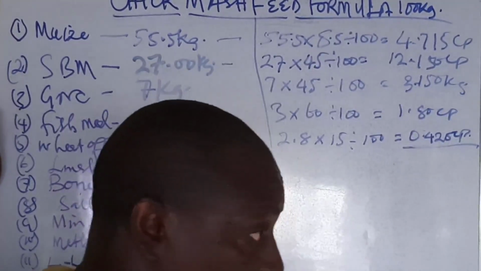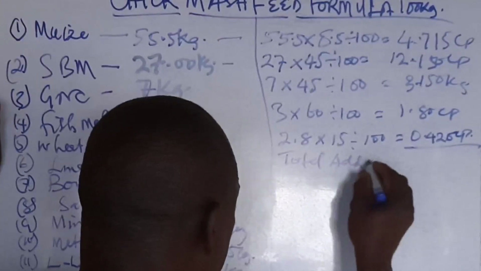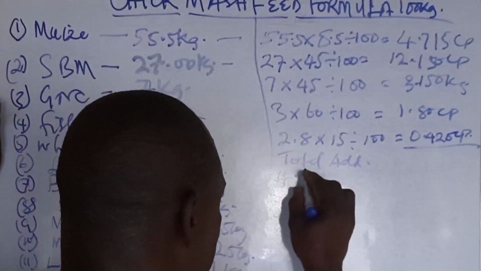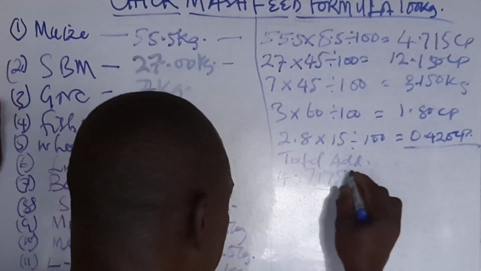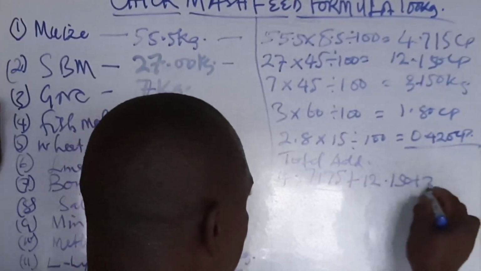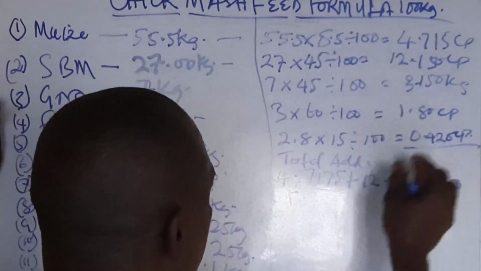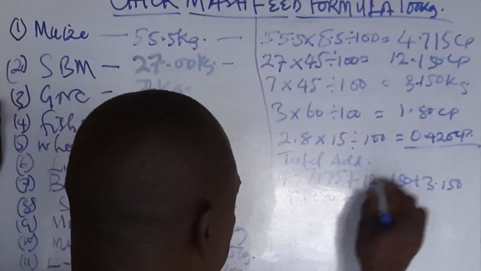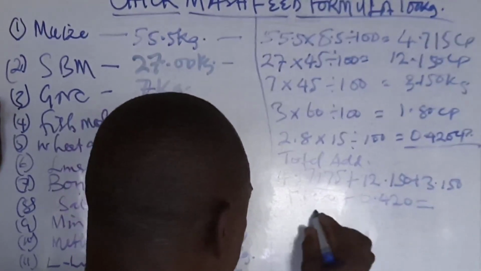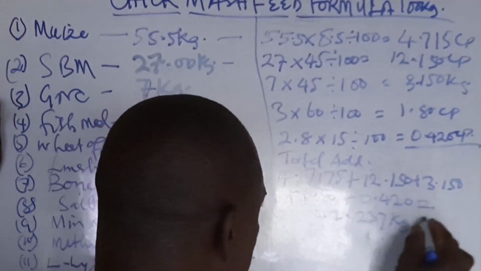Now, for you to get the total protein of this, you add all. This will give us 4.7175 plus 12.150 plus 3.150 plus 1.80 plus 0.420, which will give us 22.237 kg CP.